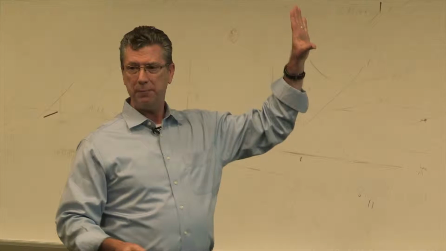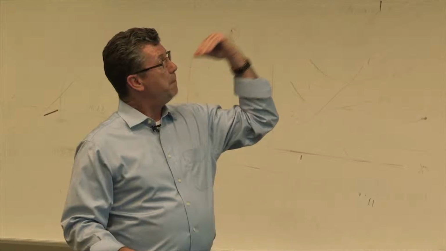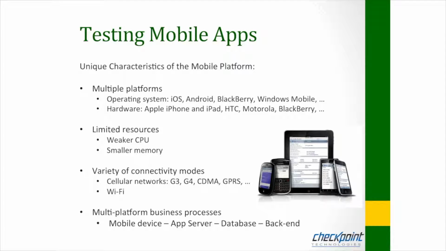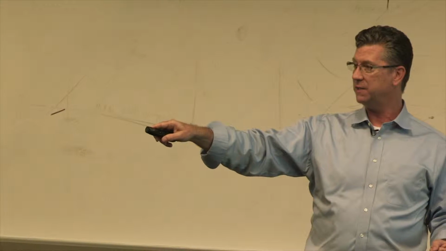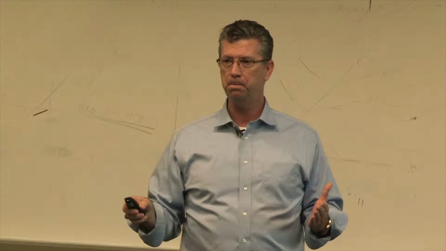So with mobile applications, you've got multiple platforms. In late 2014, hopefully I can remember the numbers, there were over 2,500 different devices available with 106 different operating systems with over 900 devices worldwide.